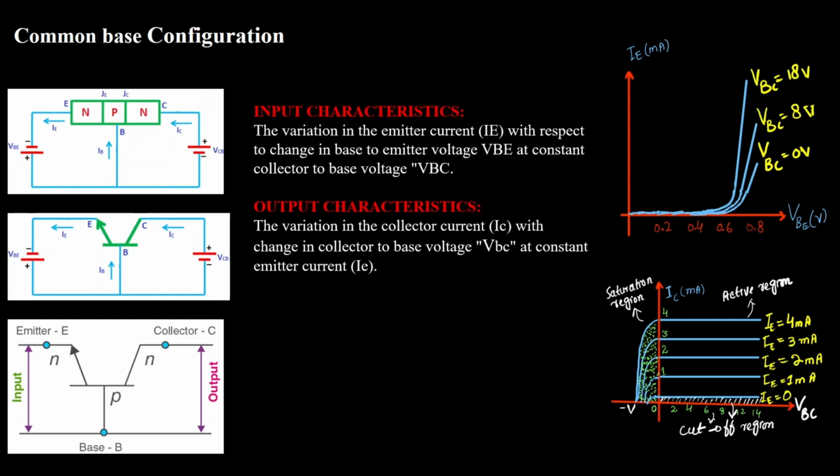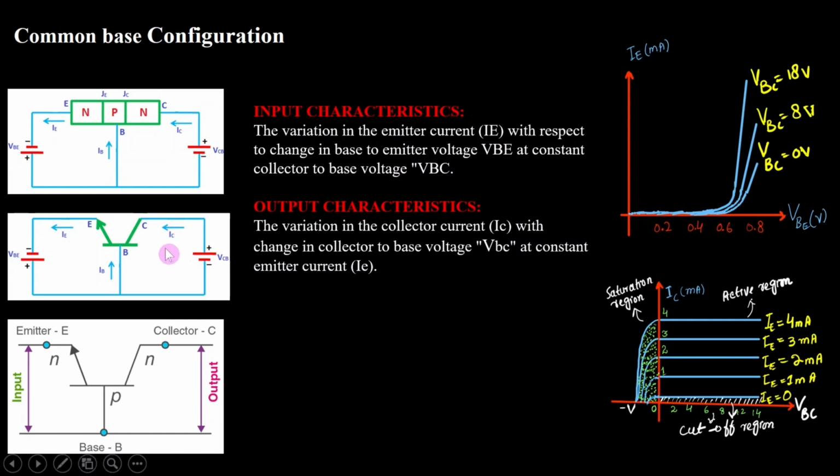Therefore, IE is equal to IB plus IC. So again, out of 100%, about 99% is the IC.